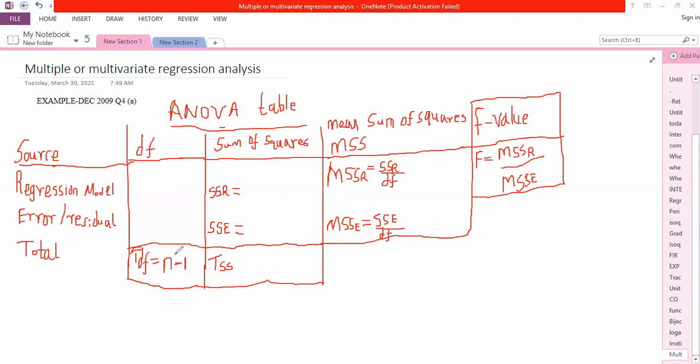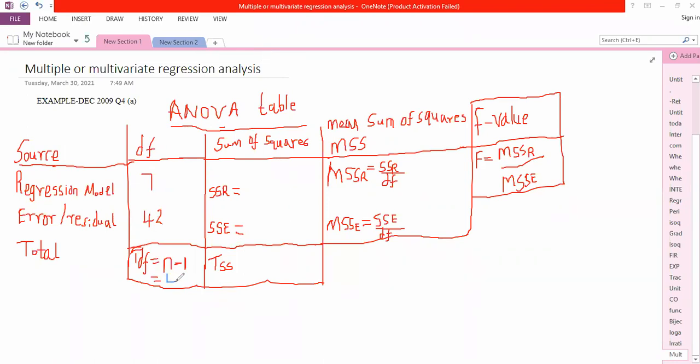Now, let me go back to the question where we were having an Anova table given by the computer as a solution, and we have the regression model having degrees of freedom given by 7. The degrees of freedom given by residue is 42, meaning our total degrees of freedom will be equivalent to 49. 7 plus 42 gives us 49.